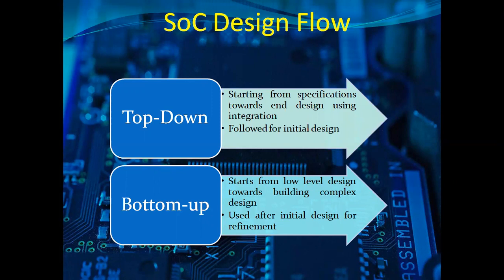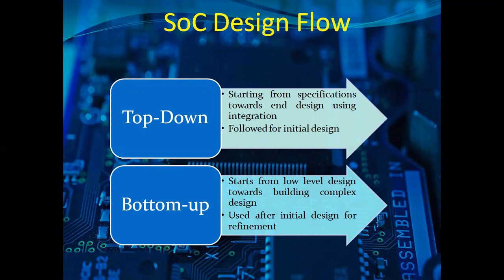Whereas the bottom up approach starts from a low level design towards building a complex structure or architecture around these smaller modules, integrating them step by step till we achieve the complexity we desire, or till we achieve the design which we want to build.